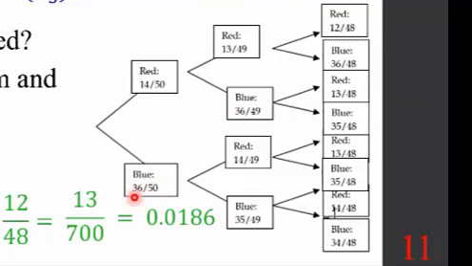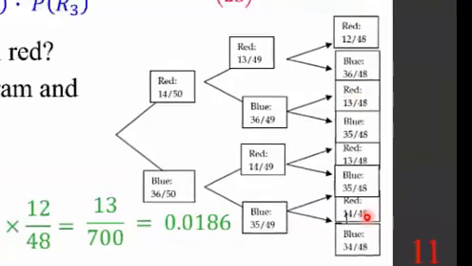In here, you have 36 blue, 1 is gone, and it becomes 35. Red is not gone yet, it's 14. Last stage, all of them have the denominator of 48. This one red is gone here, one red is gone here, only 12 is left, 12 over 48. Whereas in this branch, none of the blue is gone, so all 36 is left, 36 over 48. You can figure out the rest.